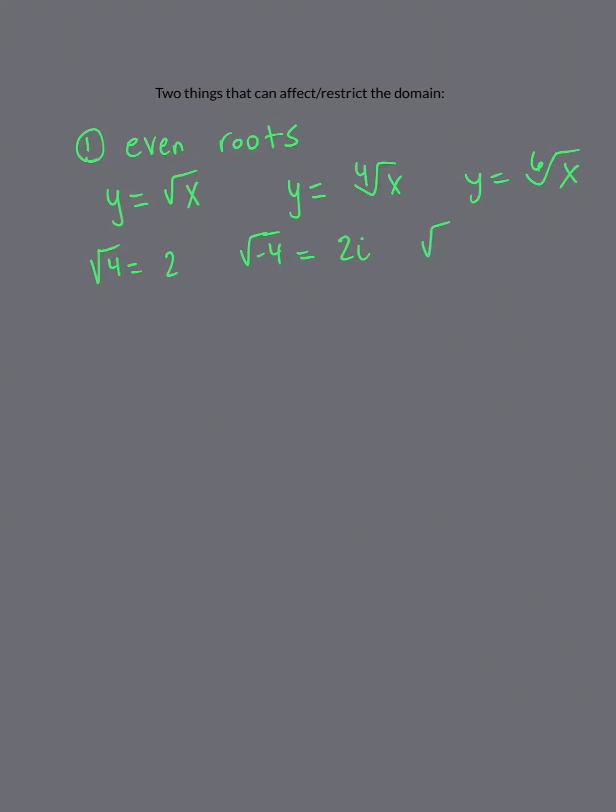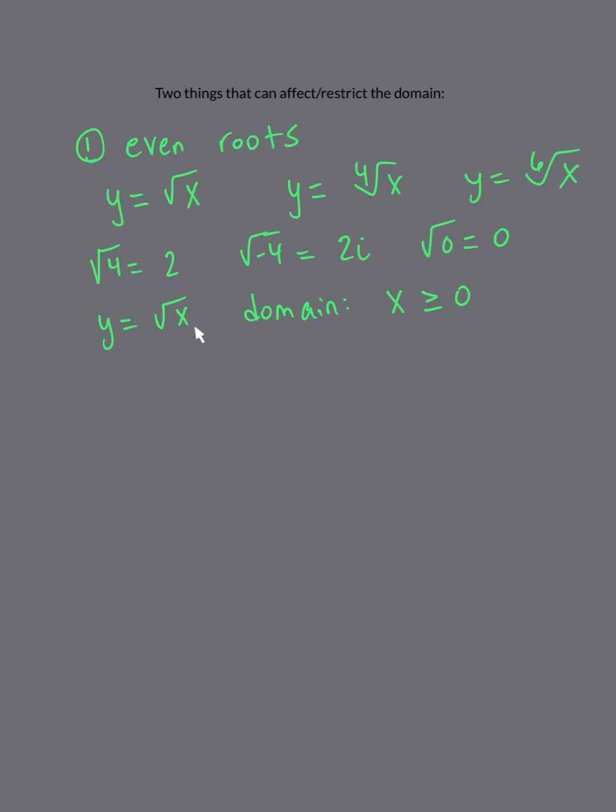We know the square root of 0 is 0. So when we're looking at a function like y equals the square root of x, then our domain, our set of inputs, is that x has to be greater than or equal to 0, because this number underneath the square root, the radicand, has to be 0 or a positive number.